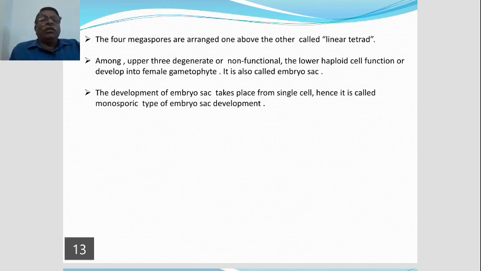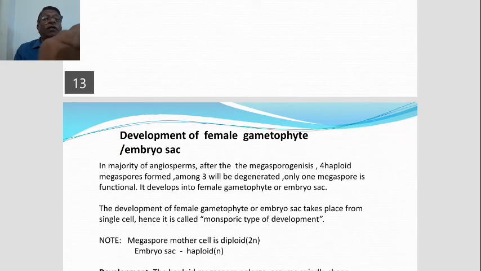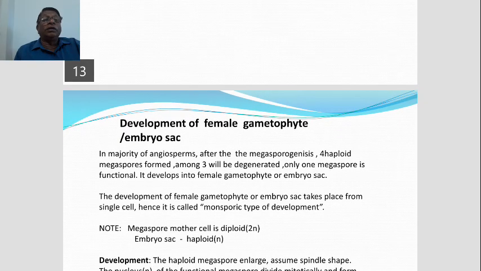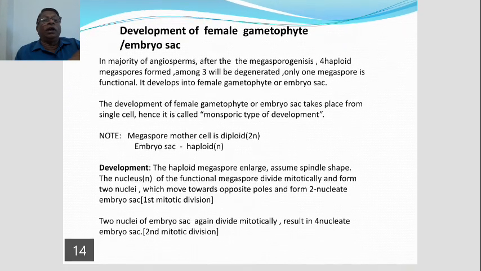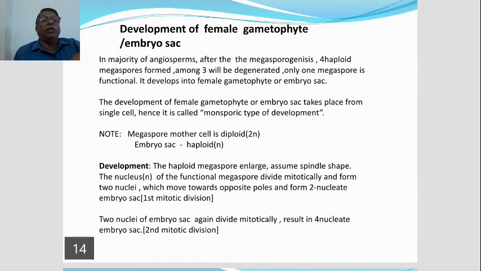Okay, so that's all about megasporogenesis. Explain for 3 marks. Okay, differentiate microsporogenesis and megasporogenesis is for 5 marks. That's also a very important question. You make some differences, 5, 6 differences.